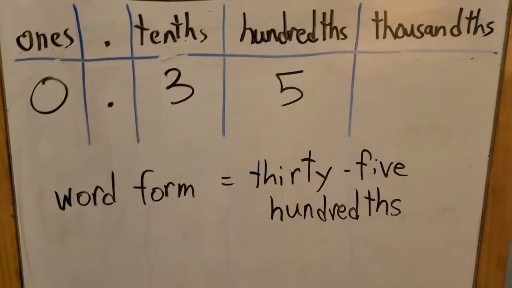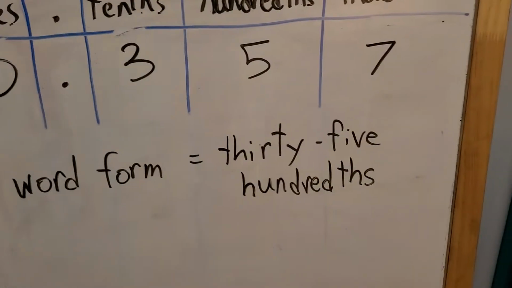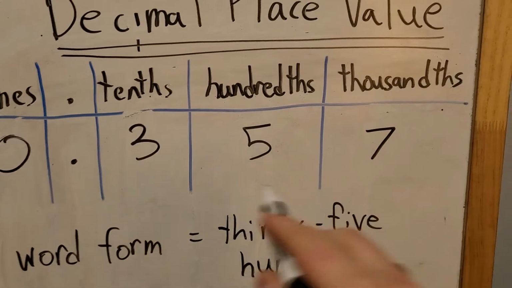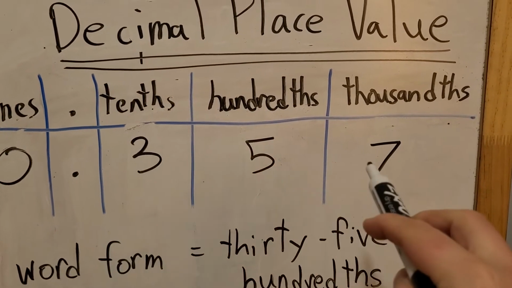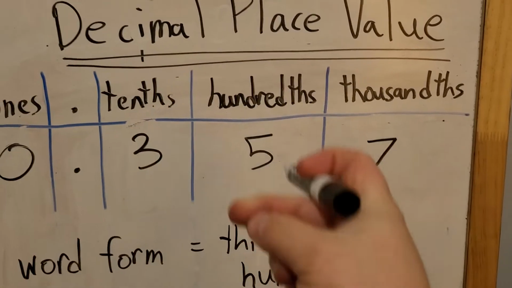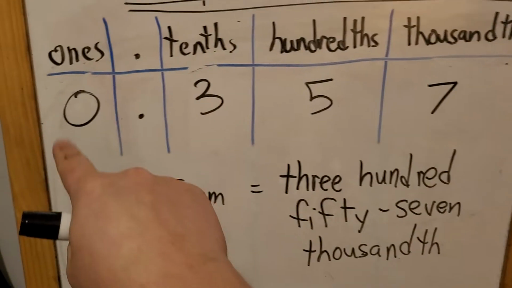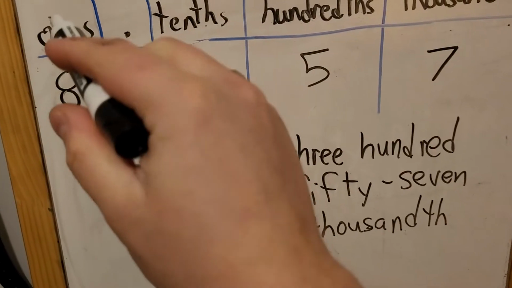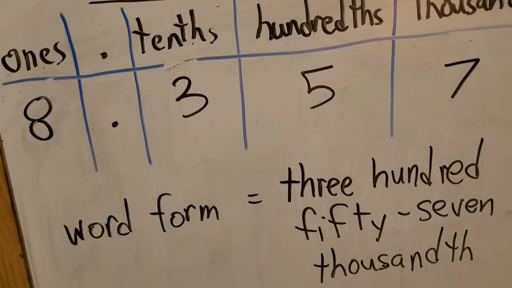Pretty easy. Well, what if we had a 7 on the end? Well, now we have a new far right number. So we got to say 357 thousandths. And what if we get a number over here too? Well, now we got to tack him on the front.